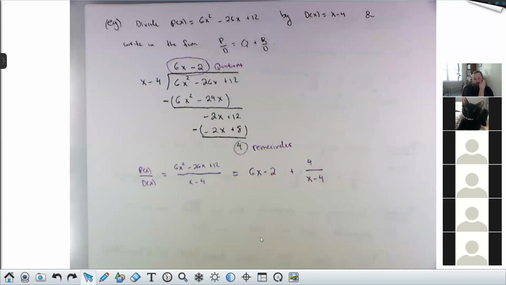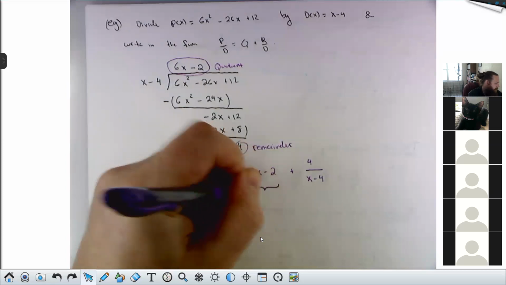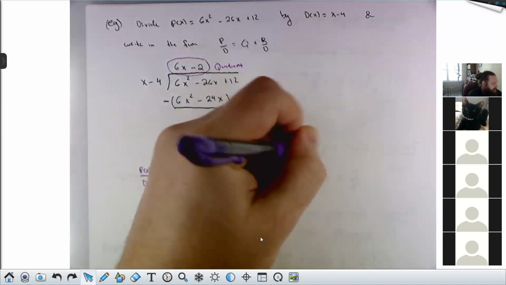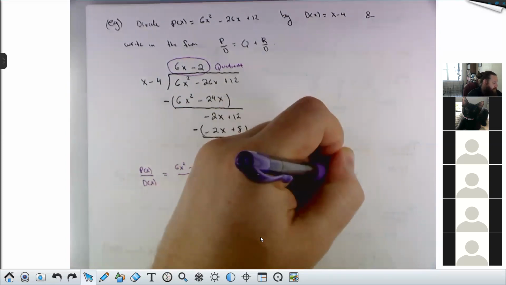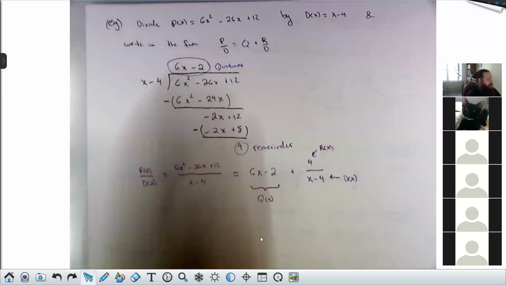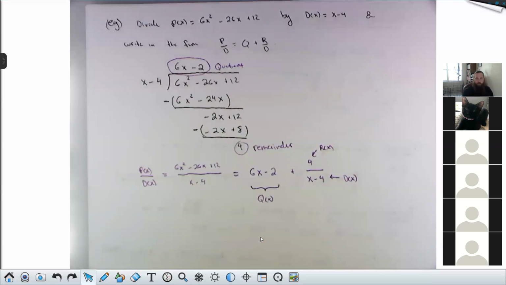That's it. This is your q of x, r of x. It's just a constant in this case. It's not too bad, right? The actual division itself is not that hard. This is called long division. There is a synthetic short division. I'll show you that next time. I think that's all I want to hit you with right now.